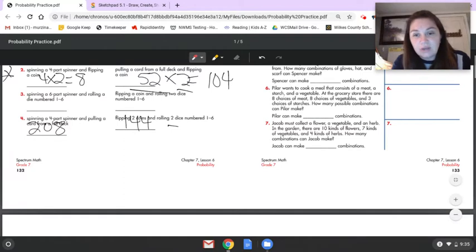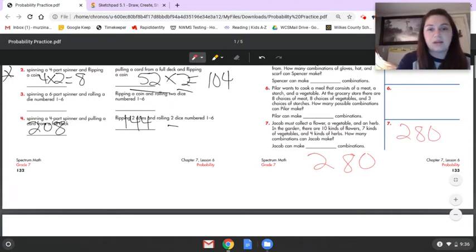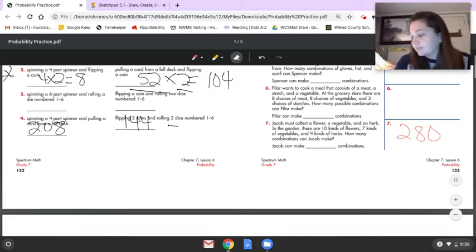Well, if we have 10 possible flowers times 7 possible vegetables and 4 kinds of herbs, we multiply this, 10 times 7 is 70, and 70 times 4 is 280, and I don't see a line, so we'll write that here, 280. So there are 280 possible herb, vegetable, flower combinations Jacob could have. Okay?